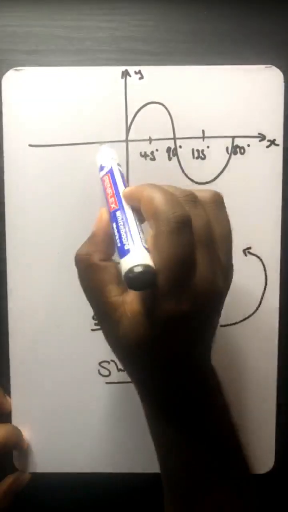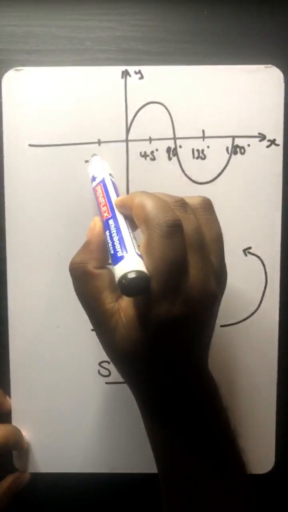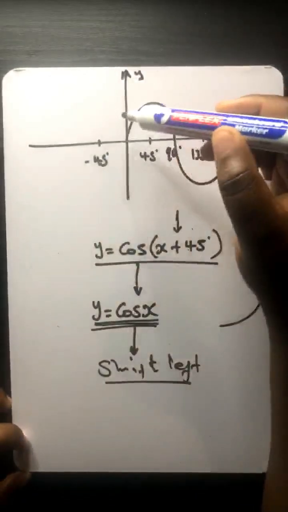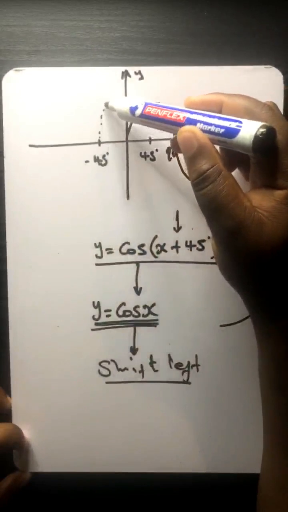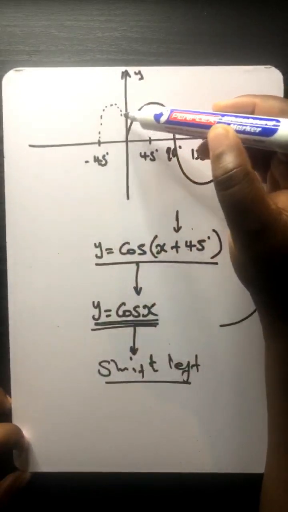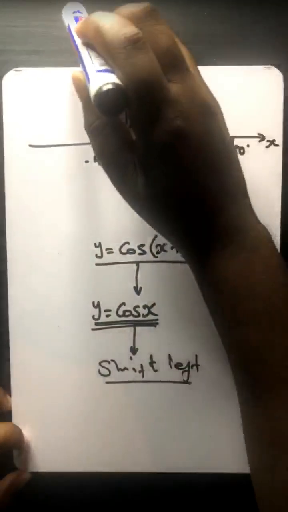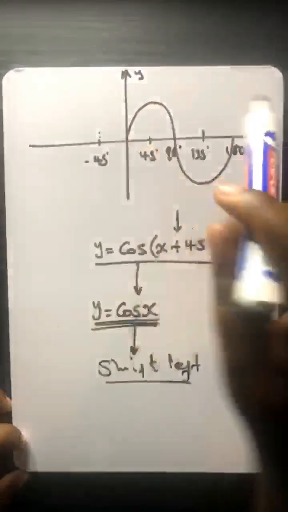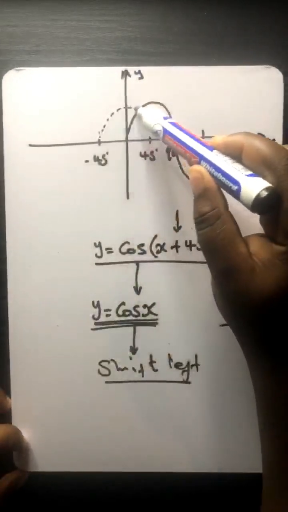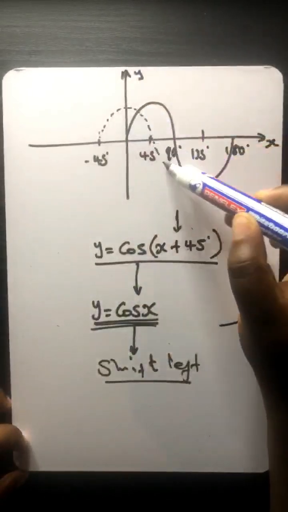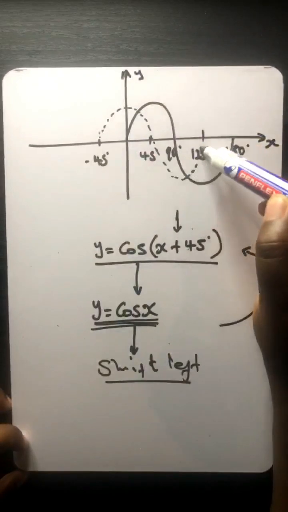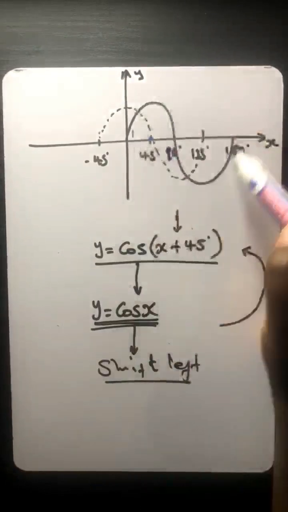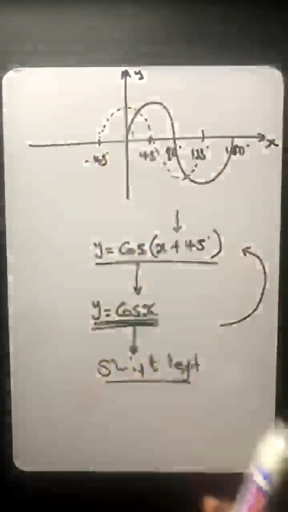So it is now going to start here on negative 45 degrees. You just take this shape as it is and shift it to the left, and it is going to do something similar to that.